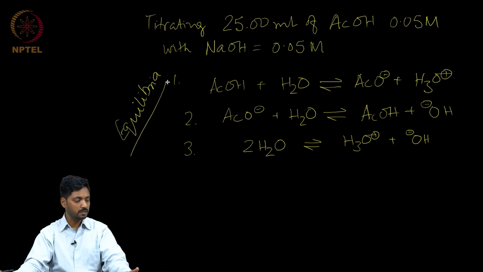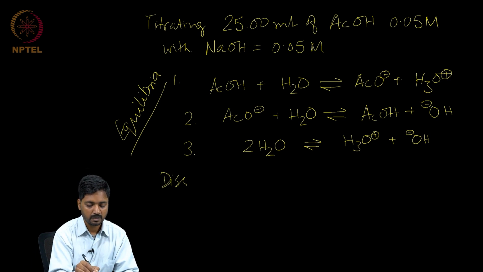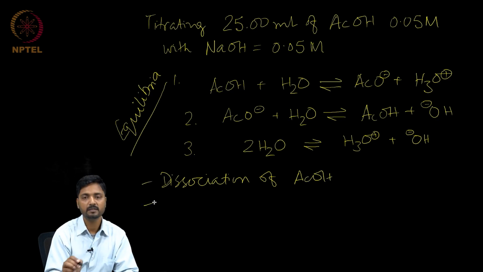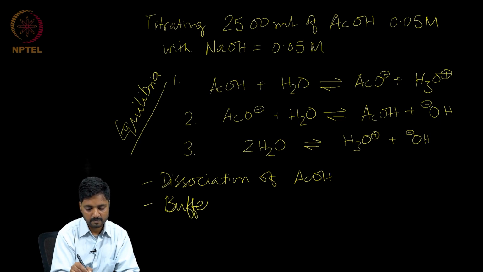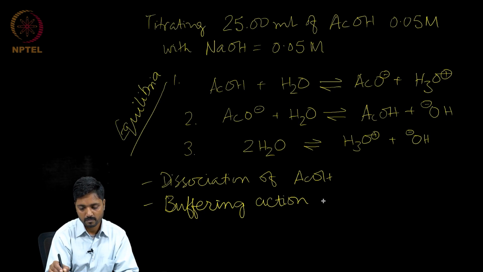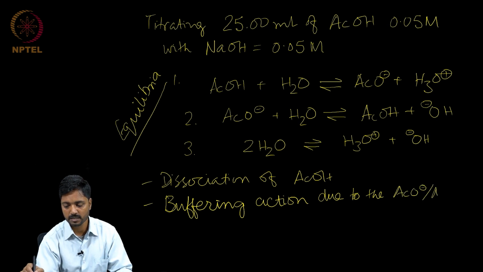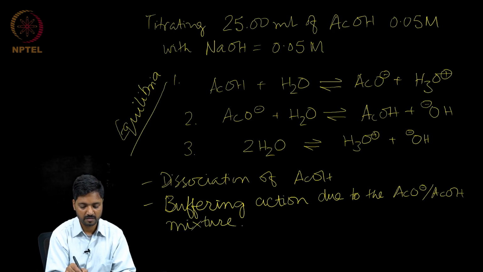that we need to consider, and we will also be considering the dissociation of acetic acid and the buffering action due to the acetic acid mixture present in the medium.